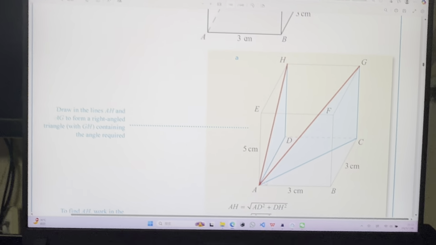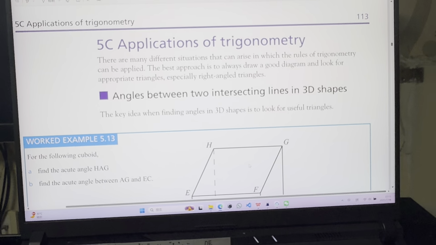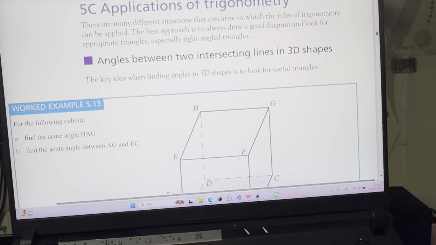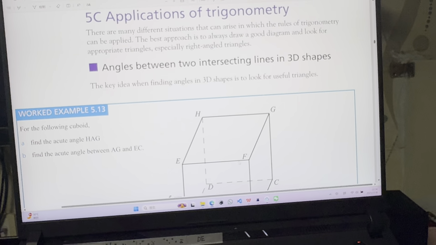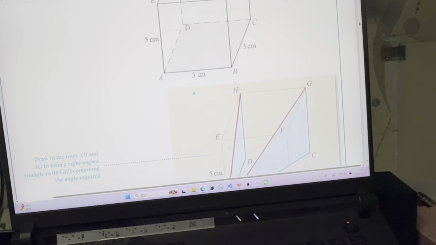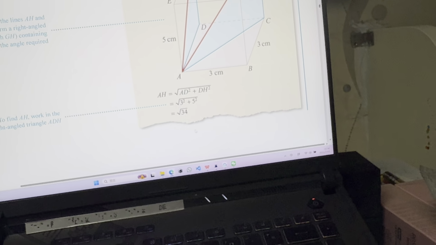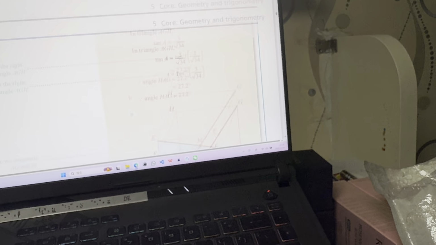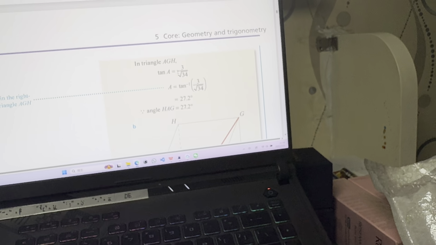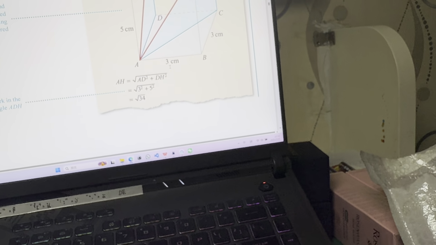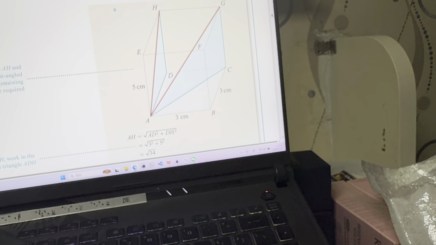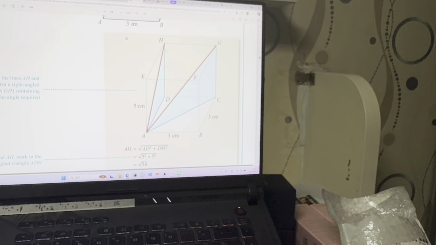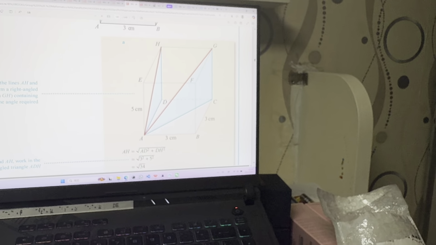So we can use what we learned about trigonometry, the definitions of sine, cosine, tangent, and a calculator, to find some angles, special angles. After the formula, we know how much AH and AG are, then maybe they will ask us how much angle AGH is. AGH is also in a right triangle, so it's really easy.